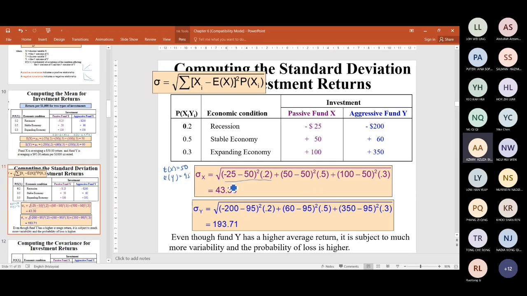So again, if you compare this between these two conditions for the X and Y, obviously the Y one here is higher. Again, which one is actually better, X or Y, in terms of standard deviation?